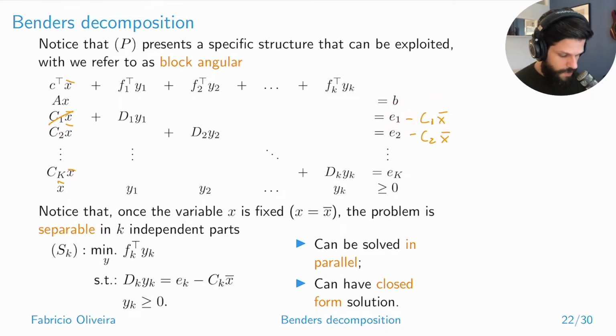So your subproblems can be written like so: a problem for each k where you're just optimizing y, and this is a right-hand side constant.